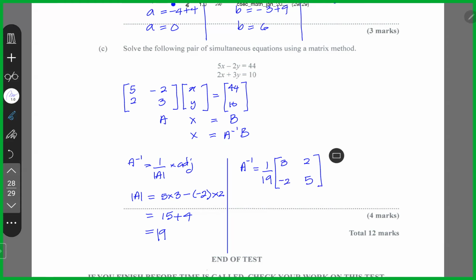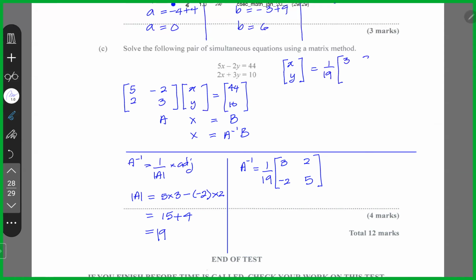So therefore, to finish the question now, I can say X, which is the matrix X, Y, is equal to A inverse, 1 over 19, 3, 2, minus 2, 5, times 44 and 10.